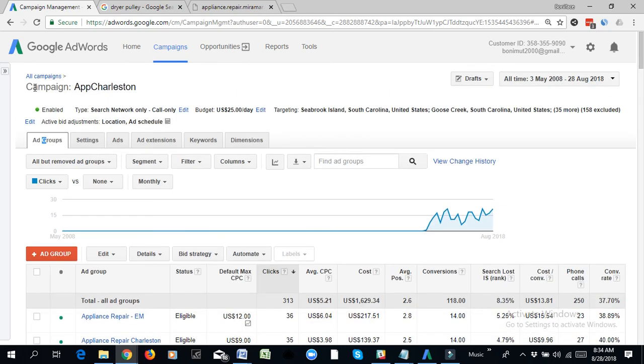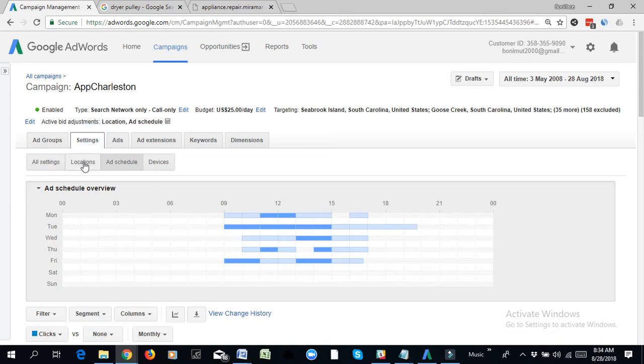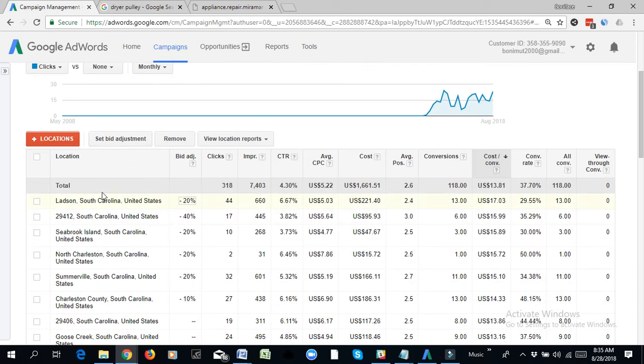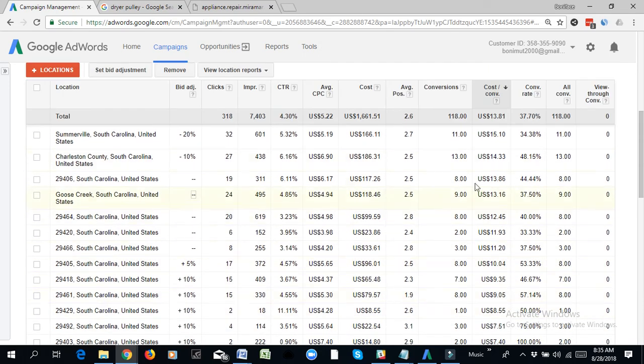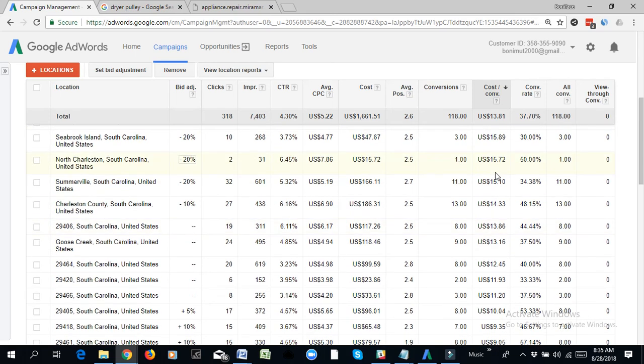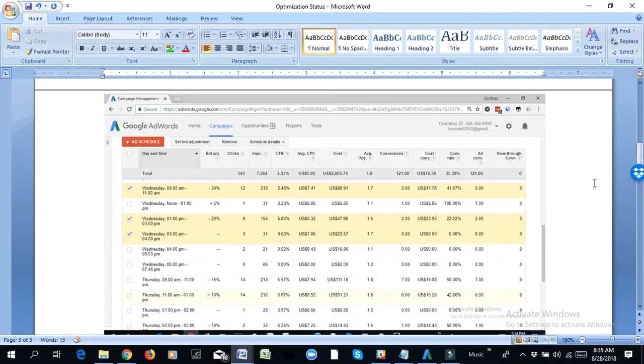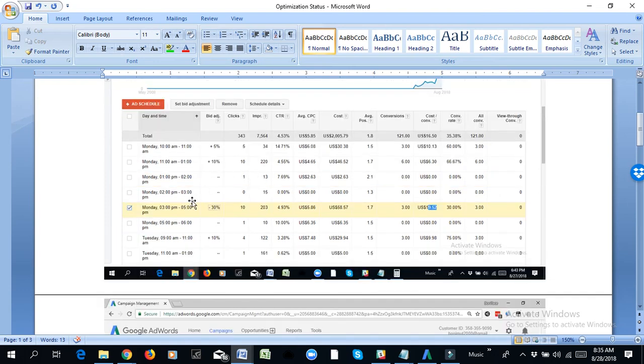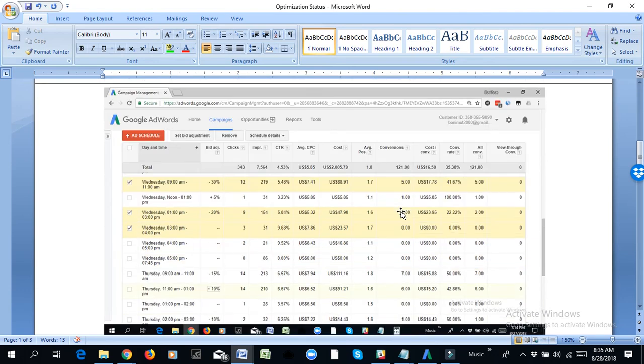So after this screen, we usually come to the settings and we look at locations, and these are the different locations that we have. If we see the cost per conversion is very high and we are not willing to continue paying that, and the bid adjustments may not even work, especially for the zip codes, since they are very small areas, we usually get rid of them. An example of that would be something like this one. Not that one, sorry.